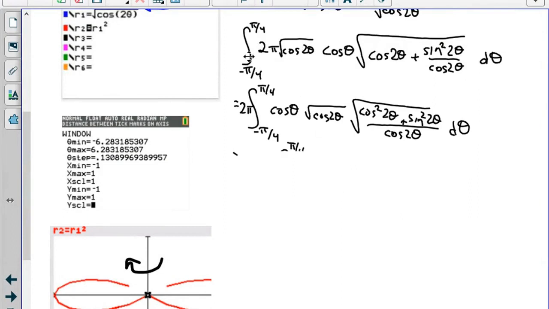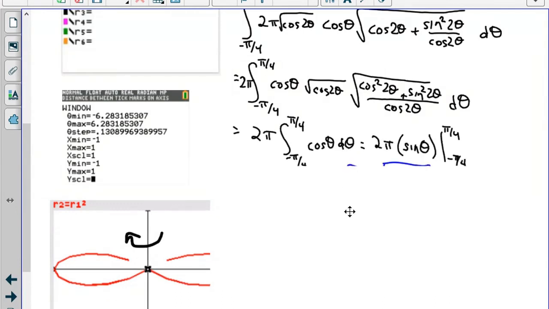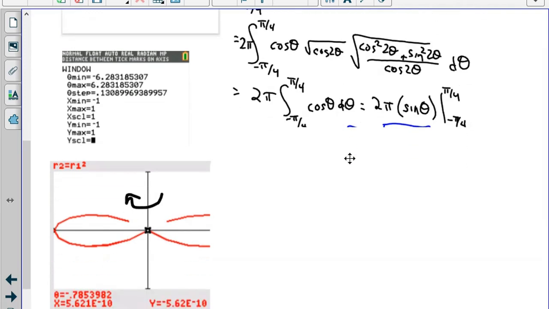I just moved the 2 pi to the outside, rearranged these so my mind can work with it easier. And then I got a common denominator inside the square root. Cosine squared plus sine squared equals 1. And notice that there's a root cosine 2 theta and now a root of 1 over cosine of 2 theta. Well, those multiply together to be 1. So now I just end up with the cosine theta. That's all that's left on the inside.